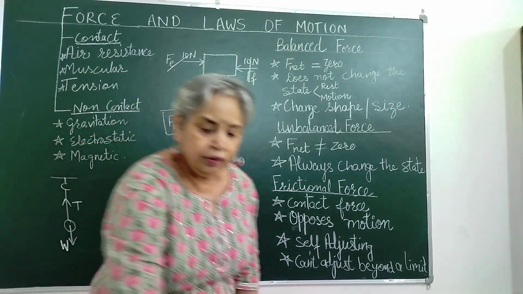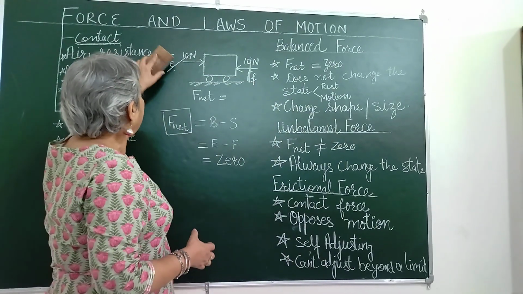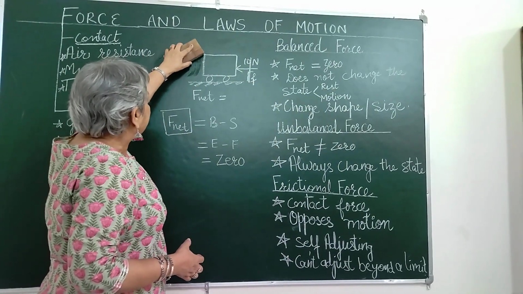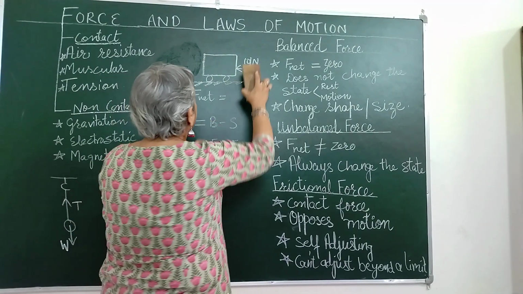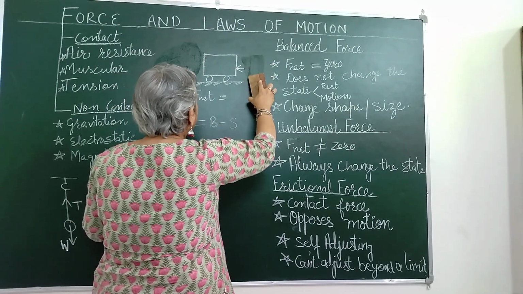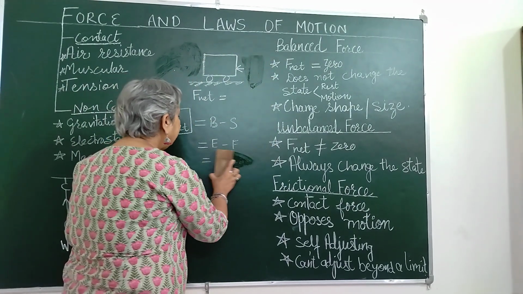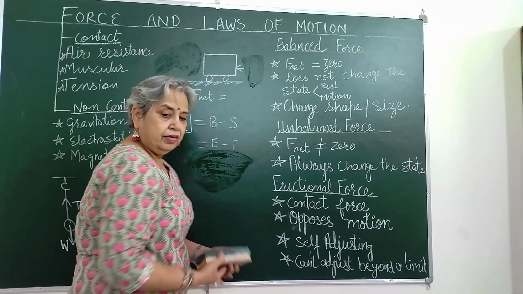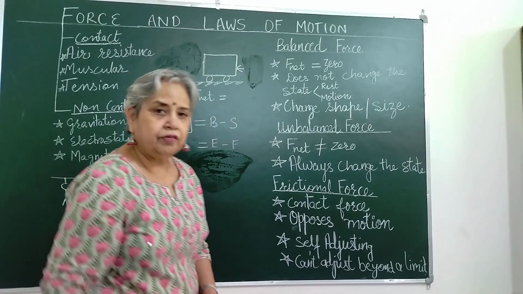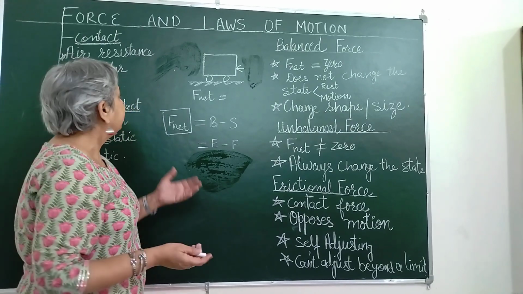So net force is 0, and we have already discussed that when there is no net force acting on the object, then the object will retain its state. It will maintain its state. If it is at rest, it will remain at rest.